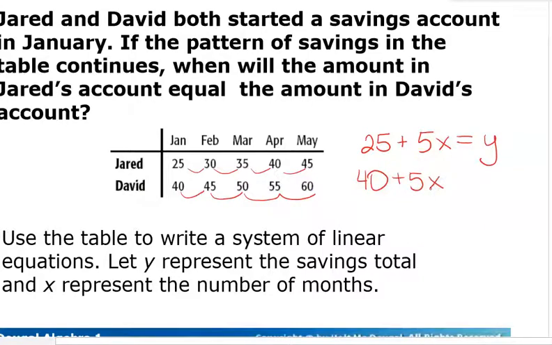And remember, per means times, and month is my variable. And this is going to give me my y, which is my total amount of money over that amount of time. Now thinking logically of this, when will they equal the same amount? Well, David started further than Jared, and they're both consistently adding the same amount each time. So if I were to graph these would be 2 parallel lines.